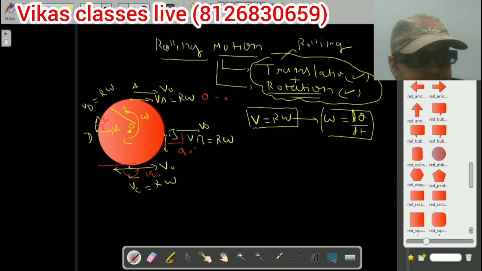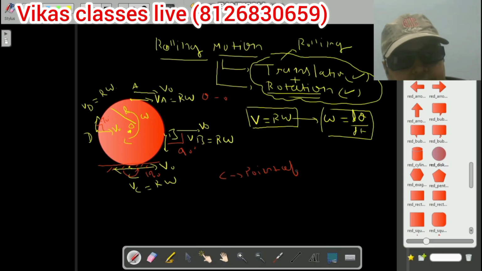Now we get the point of contact. Where is the point of contact? The point of the disc which is on the surface, which is point C. C is the point of contact.